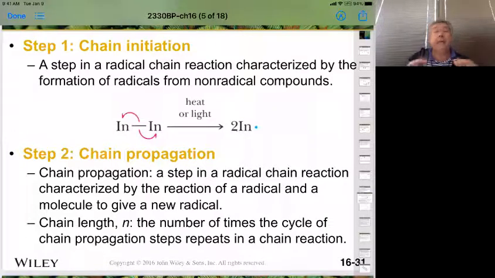So after we've reacted that, we have what we call the propagation step. And in this step, the radical initiator attacks one of the alkenes, and that generates a radical, which then attacks another alkene, which generates a radical, which attacks another alkene, which generates a radical, and it keeps going and going. Okay, so that's the second step, the propagation step.